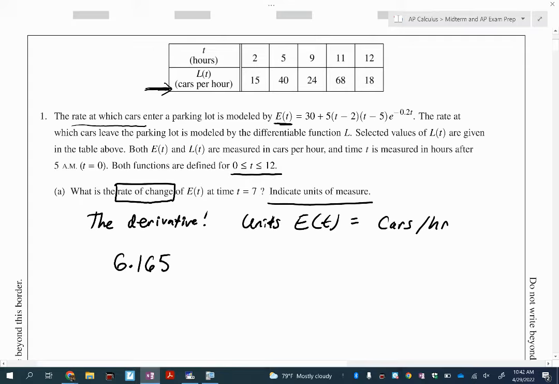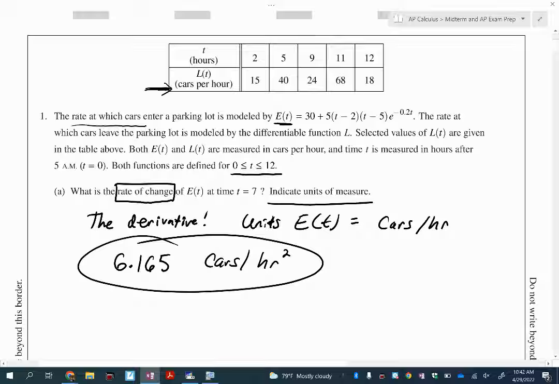Checking my notes, the key says cars per hour per hour. I think that's silly. I just remember my days in physics that I would just put cars per hour squared. That's what I'm going to put. But if you wrote cars per hour, that's right too.